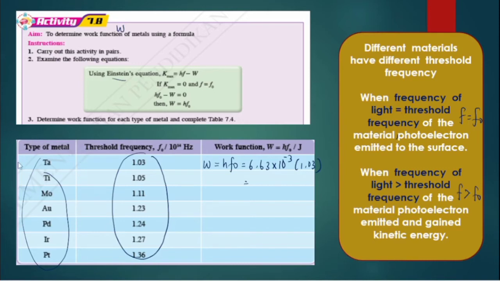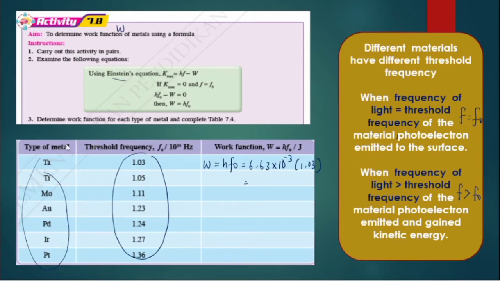So you can see here there are different types of metal, and their corresponding threshold frequency f0. The values here should be 10 to the power 15 Hz. The work function W equals hf0, so you just substitute the values of the Planck constant and threshold frequency to calculate the work function for each of the metals here.